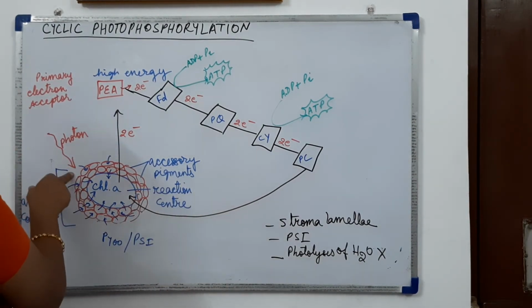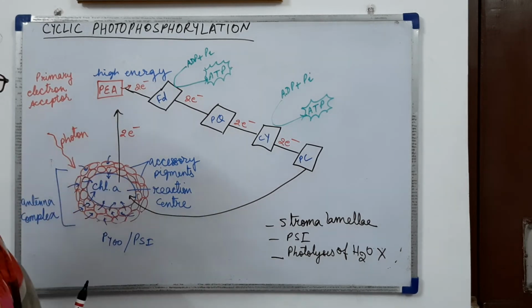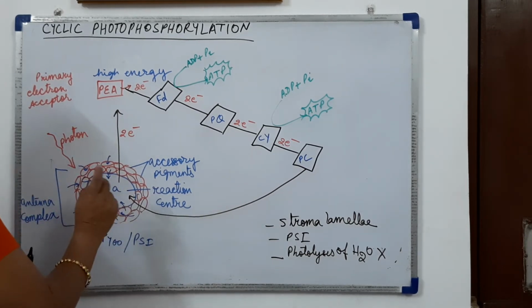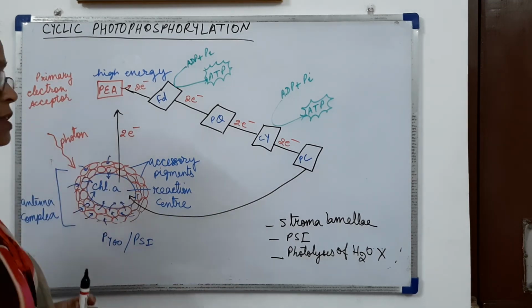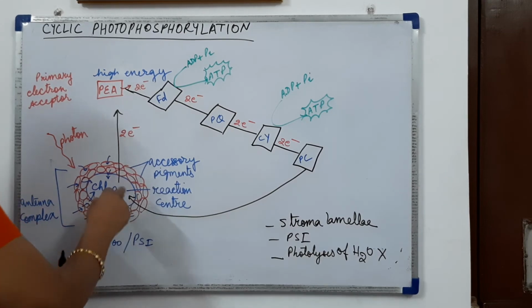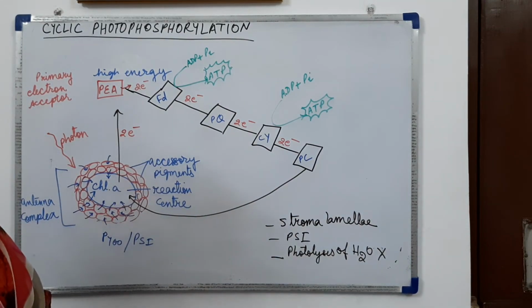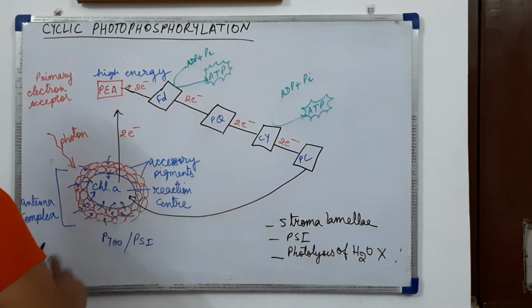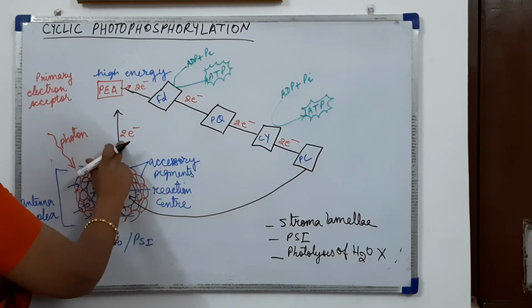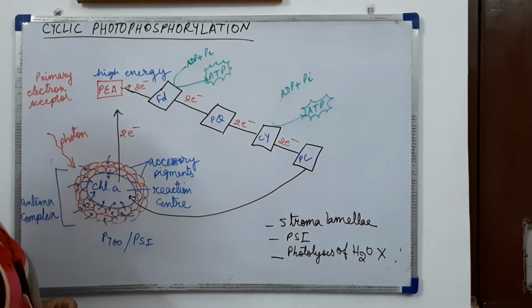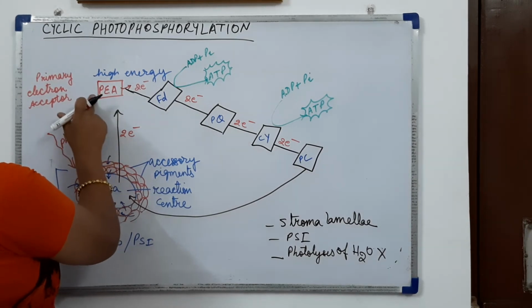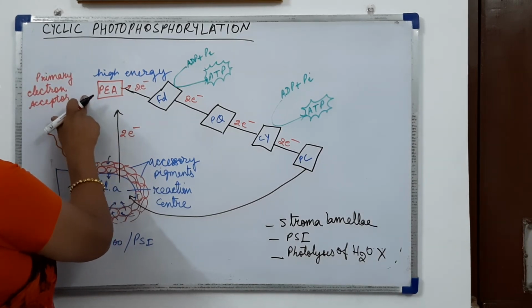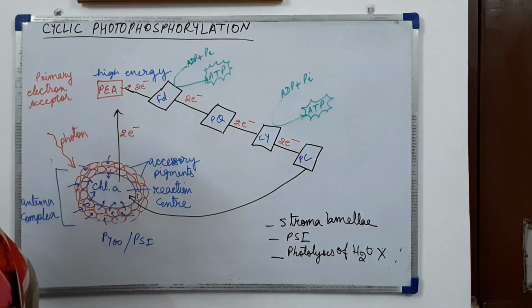Again, when the light energy in the form of photon falls on the pigment system 1, the accessory pigments will transfer the energy to chlorophyll A of P700. Then chlorophyll A will get excited, it will release the electron pair. This electron pair is accepted by primary electron acceptor, that is at the high energy level.